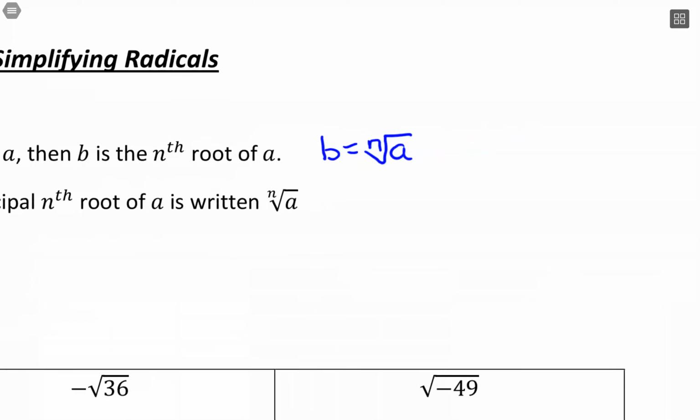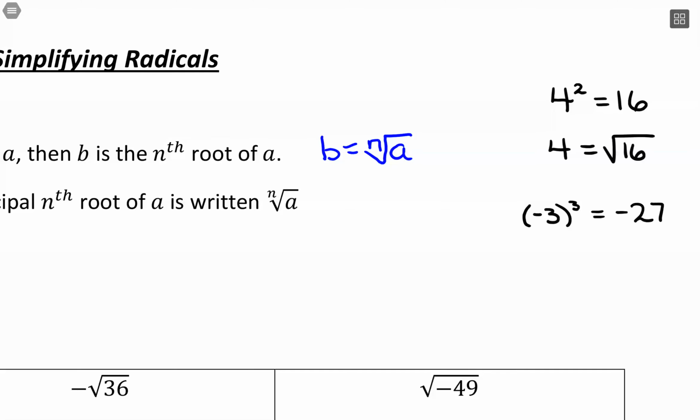So the idea being, we could say that 4 squared is equal to 16, but at the same time we could say 4 is the square root of 16. Or we could say negative 3 cubed is the same thing as negative 27, which would be the same thing as saying that negative 3 is equal to the cube root of negative 27.